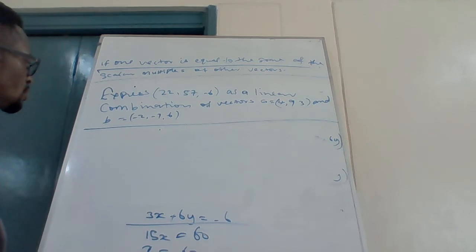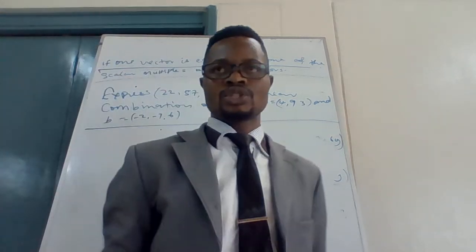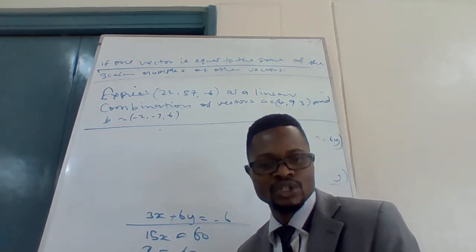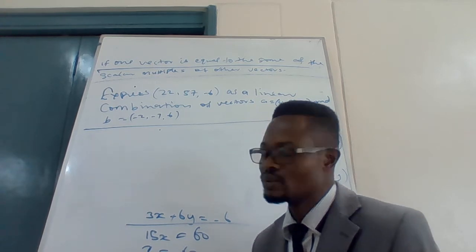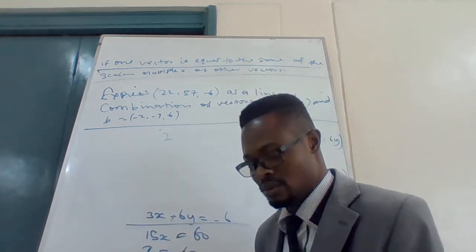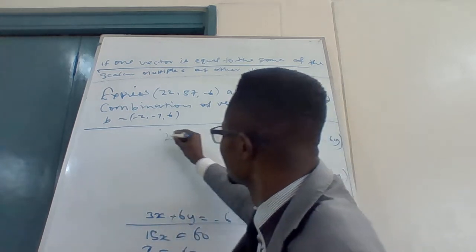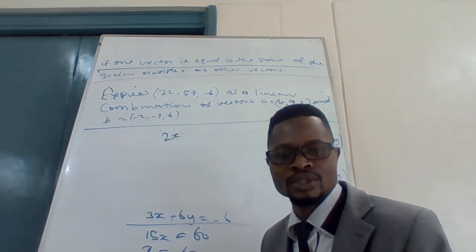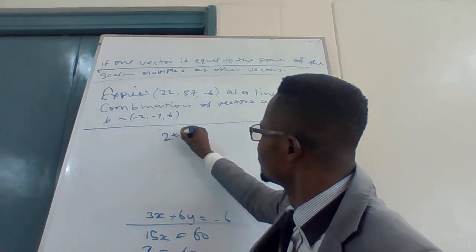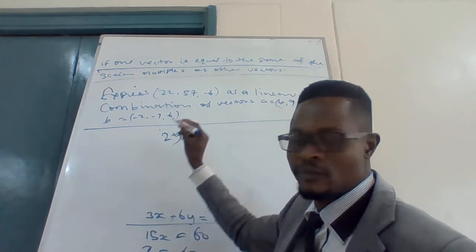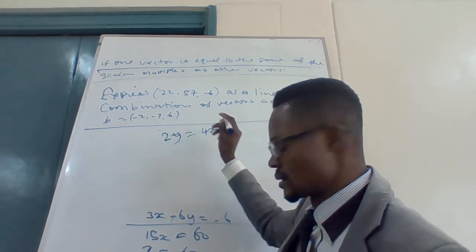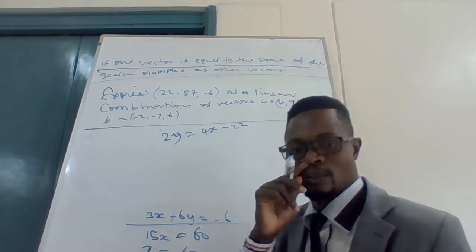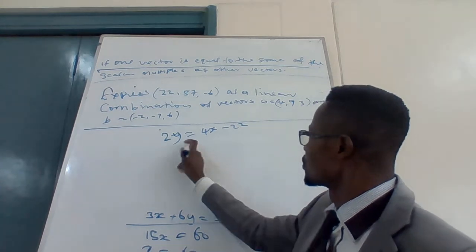So now we are going to use equation 1 to solve for y. Equation 1 gives 2y equals 4x minus 22, and we are solving for y.